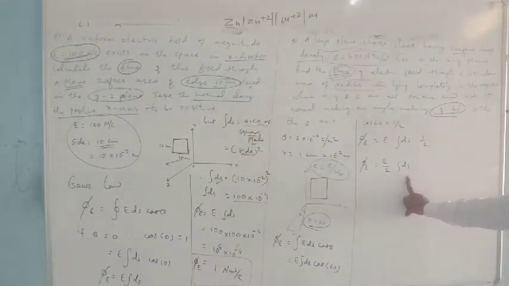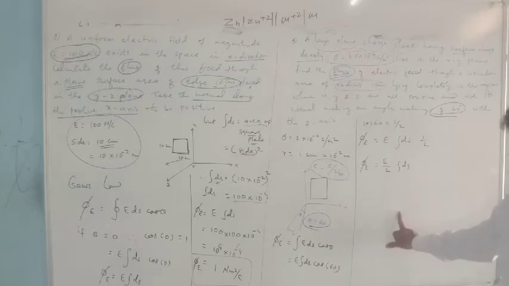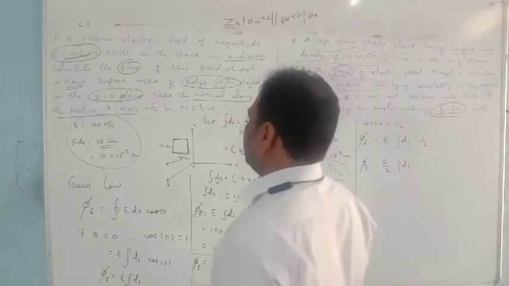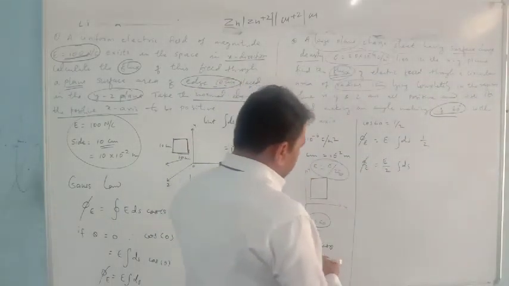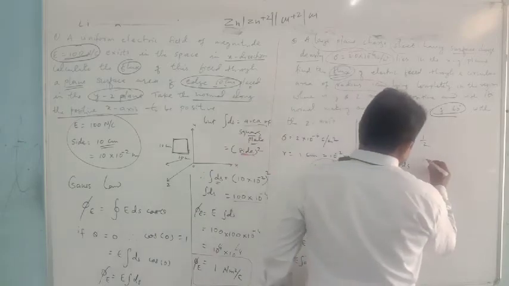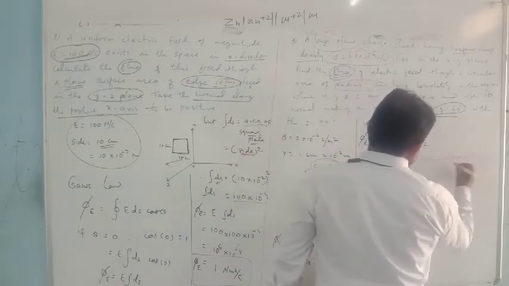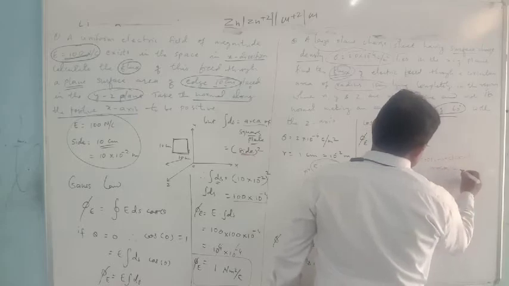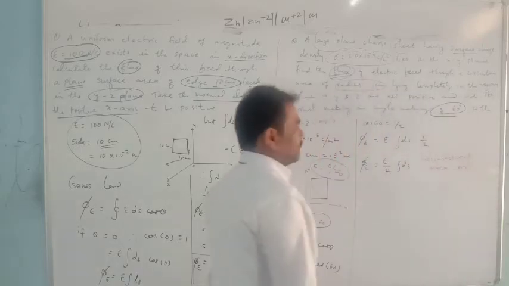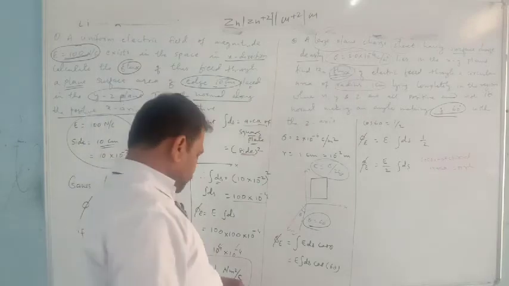And what is integration of ds? Integration of ds means the cross sectional area. What is the formula for cross sectional area? Pi r square.